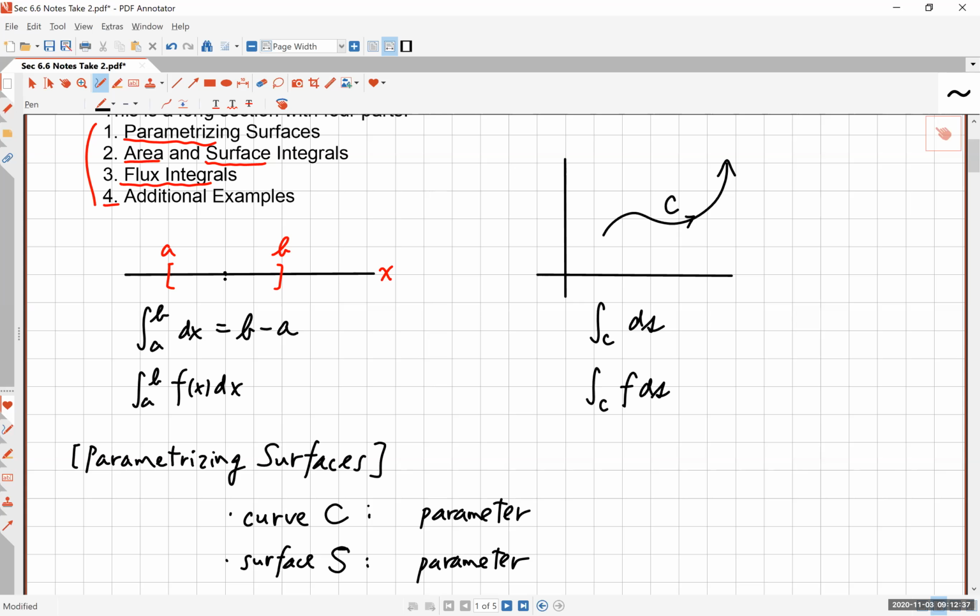But if there is a value of a function defined, let's say for every point x on this interval a, b, then you can integrate that function, right? We talked about this before.